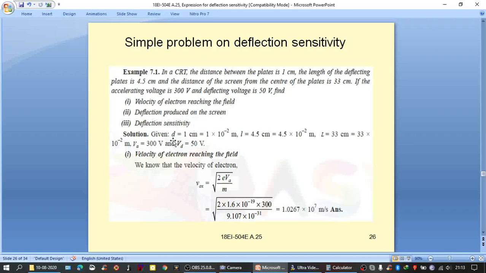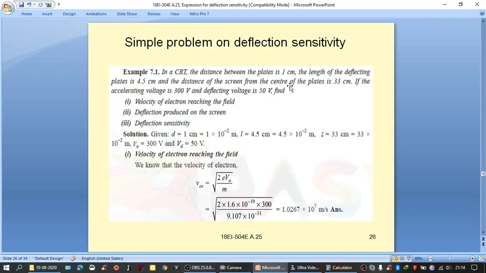Given data is D is equal to 1 centimeter. Distance between the plates is 1 centimeter, written as 1 into 10 power minus 2 meters. Length of the deflection plates is 4.5 centimeters, that is 4.5 into 10 power minus 2 meters, LD.